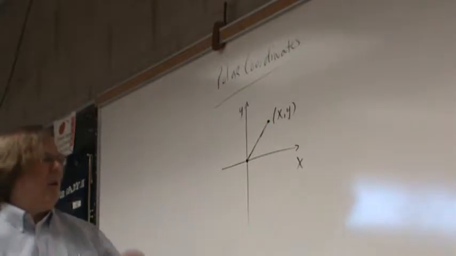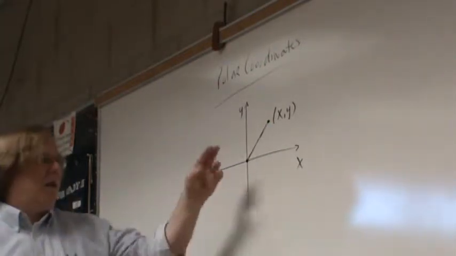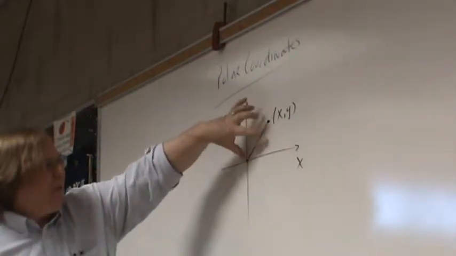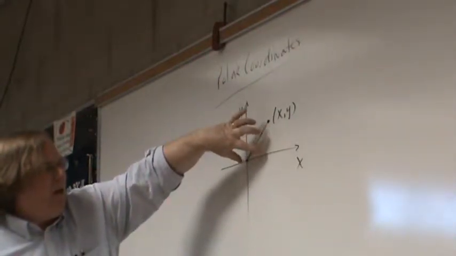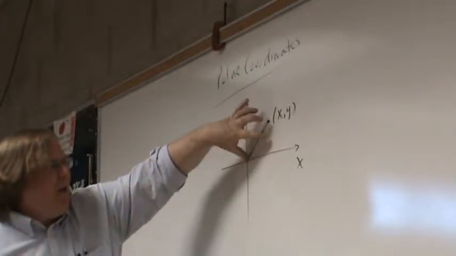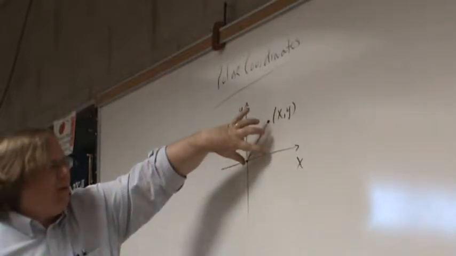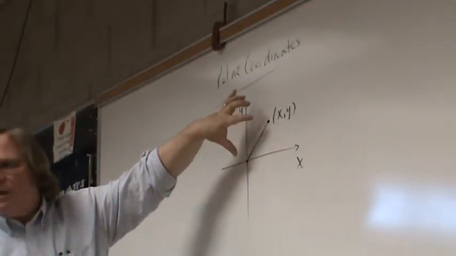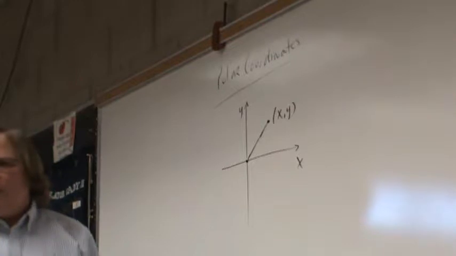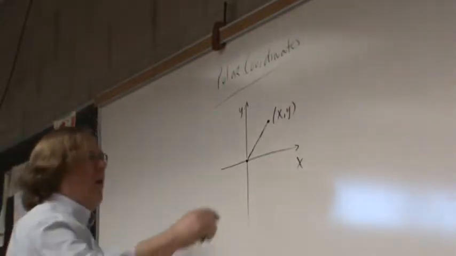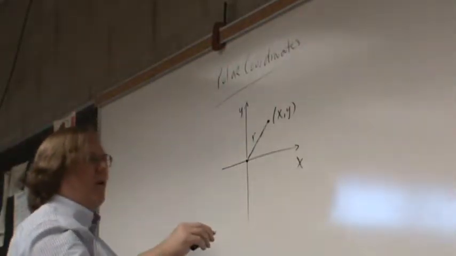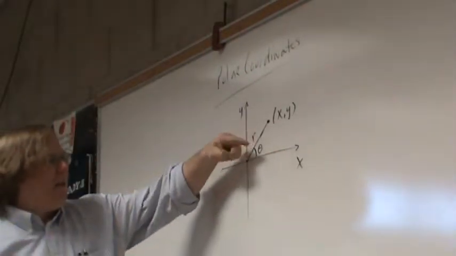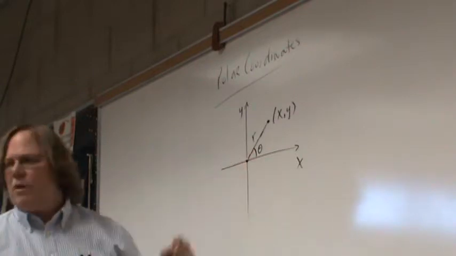And then I'm going to make that segment into a stick, or cut a stick that's the same size as that segment, and ask myself, if my stick had begun on the positive x-axis, what angle would I have had to rotate this stick so it ends up right there? So the only two measurements I'm making are the length of the stick, which I call r, and the angle that I have to rotate the stick relative to the x-axis, which I call theta.